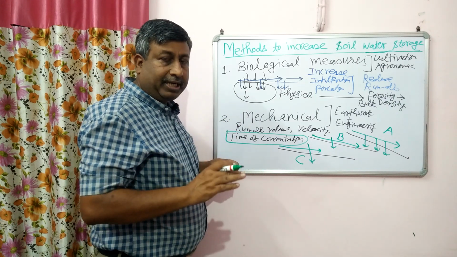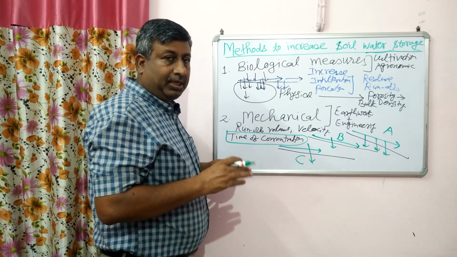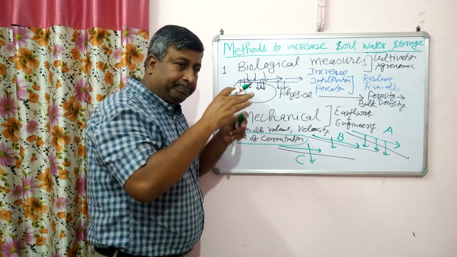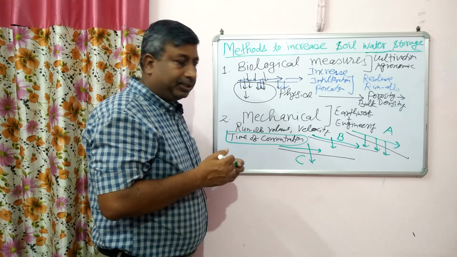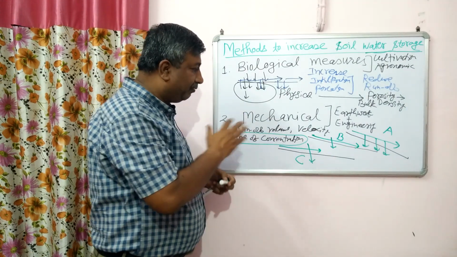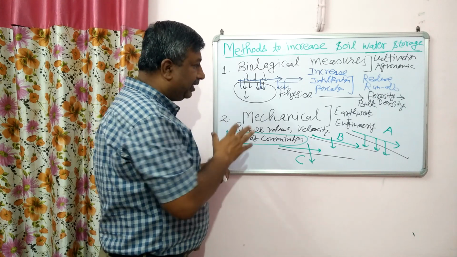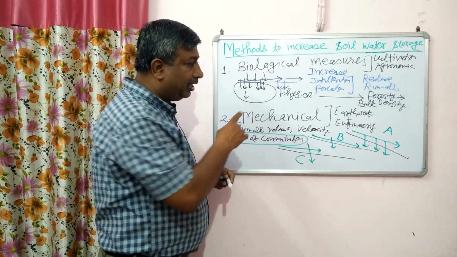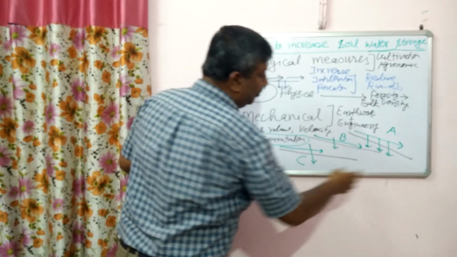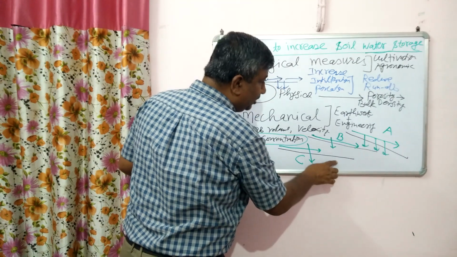So if slope is high, then time of concentration of runoff is less, and if slope is less, then time of concentration is more for infiltration and percolation. So slope and time of concentration are inversely related. So here in mechanical measures, we try to reduce the length of slope, number one. Number two, the degree of slope, suppose this is 20 degree slope, this is 15 degree slope, this is suppose 8 degree slope.